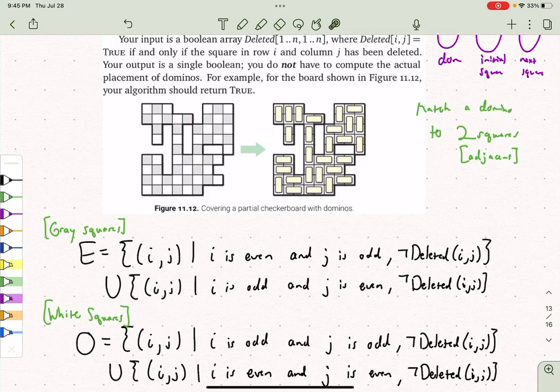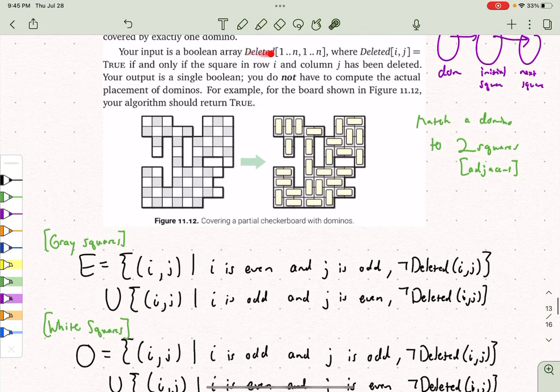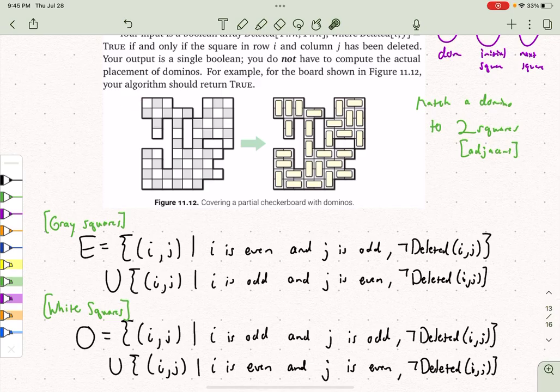So that's the idea. And then we can mathematically define these sets: the even set is the set of (i, j) where i is even, so we pick an even row, and j is odd, so it's the gray squares, and we need that it's not deleted. So this is where the deleted array is coming into play. Or if we look at the odd rows, so if i is odd, then it's going to be the even squares. So here we have this square and this square are the gray squares, and these are in even positions on an odd row.